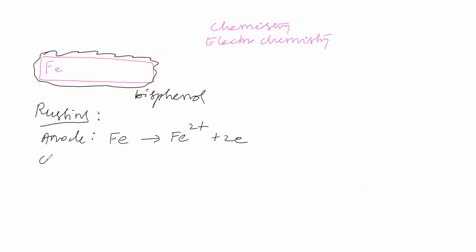Then the cathode. The cathode is air. Air contains oxygen molecules. These oxygen molecules come in contact with this iron and take these electrons from this process.